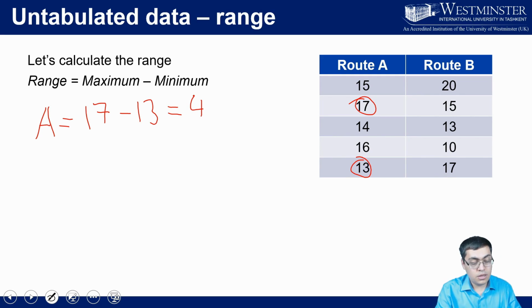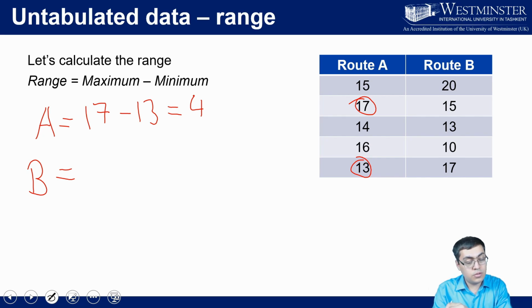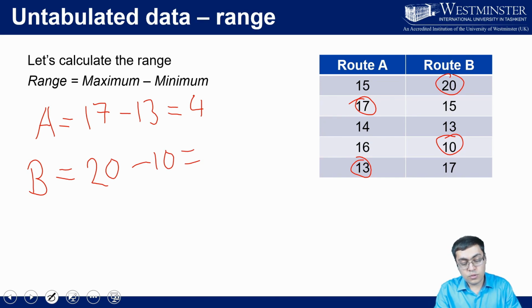Now, if I do the same with route B, the maximum number or the maximum time it takes for a student to get to the university using route B is 20 minutes. The minimum time it takes is 10 minutes. So that would be 20 minus 10, and that would give me 10 minutes.